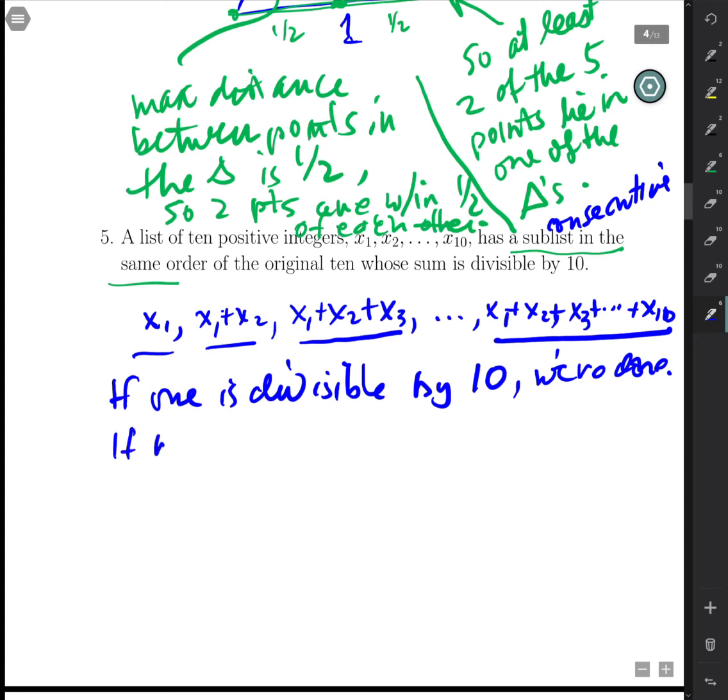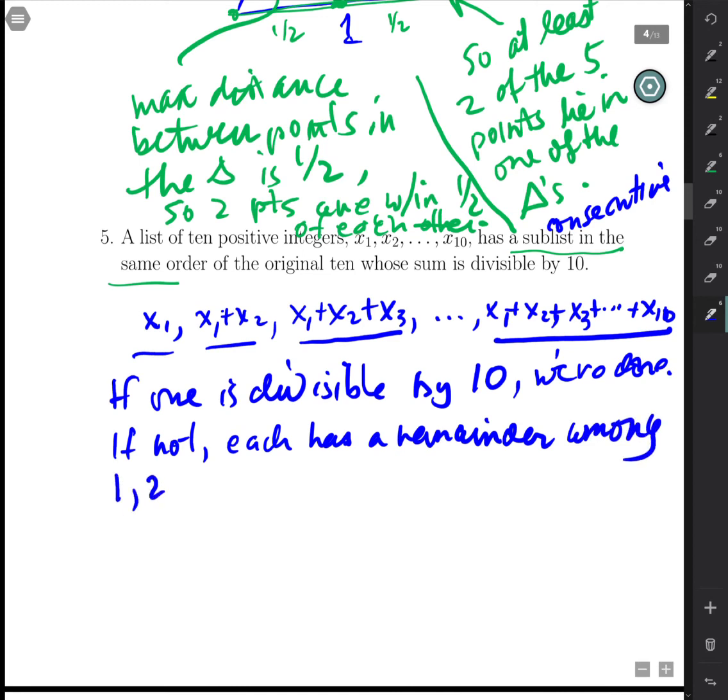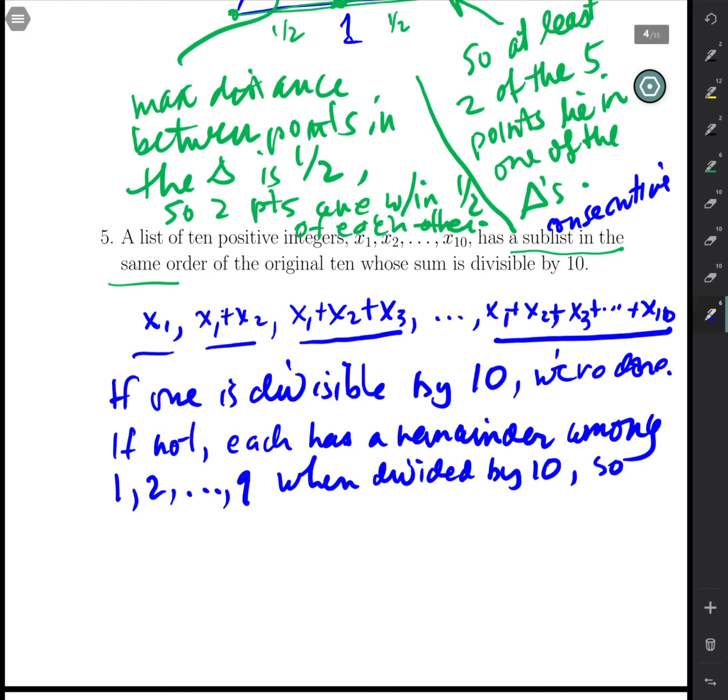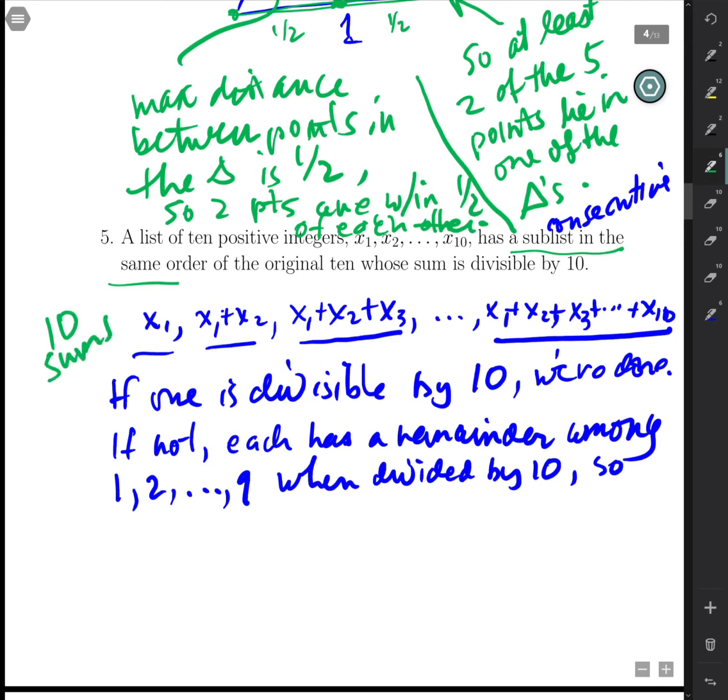If not, each has a remainder among 1, 2 through 9 when divided by 10. So there are 10 sums, and there are 9 remainders, which are the pigeonholes.